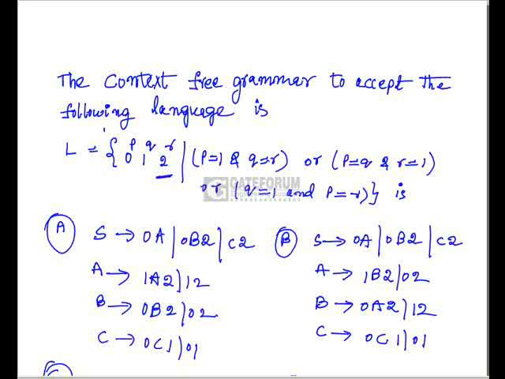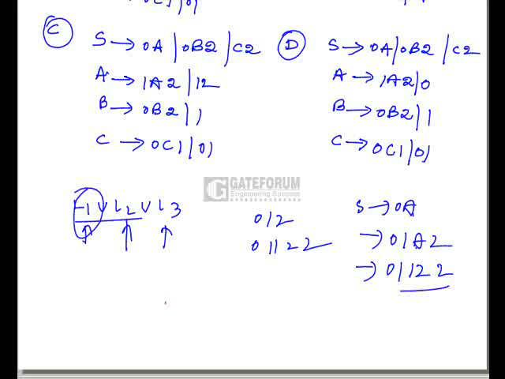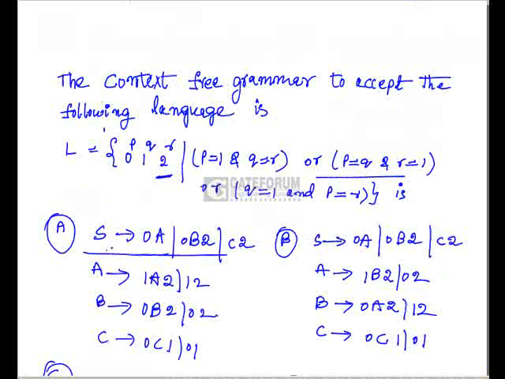For example, if you take the option A grammar, you may get S to 0A, again A to 1A2, again A to 1 2, this you get. But if you take other things, those also must be satisfied. Here R should be 1, so more than one 2 is also possible in this case. More than one 2 should not be possible, so option A is wrong.